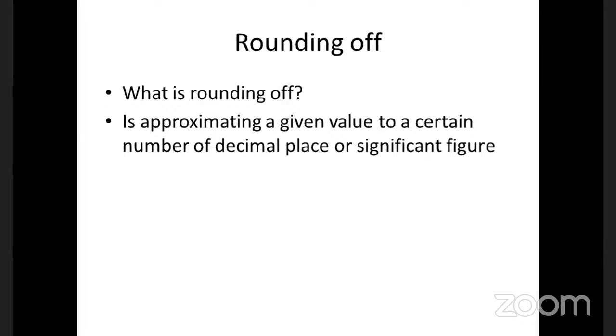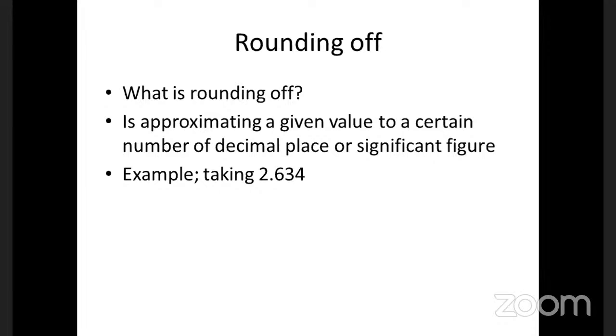So we are approximating to a certain number of decimal places, changing the number of decimal places of the given number. As we approximate, we say we are rounding off. When you're rounding off, you have to follow certain procedures.